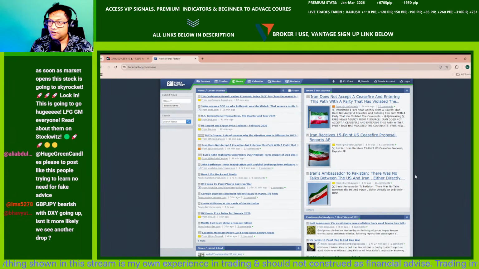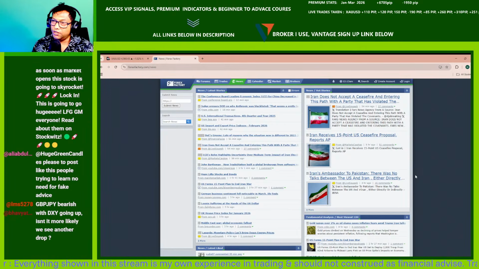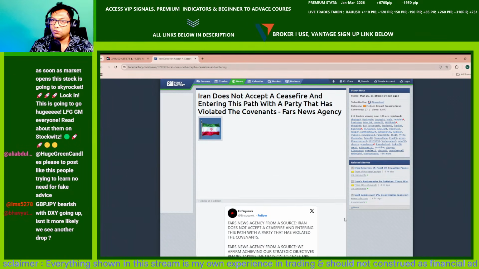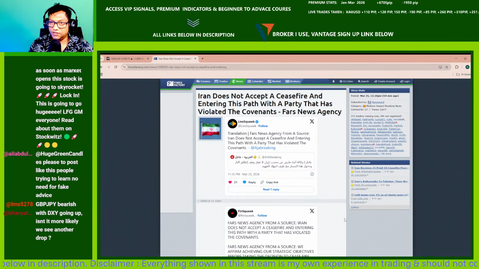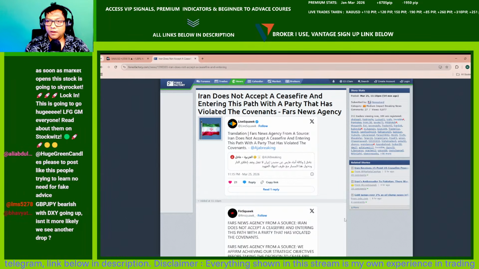You can see that we saw Iran receives 15-point US ceasefire proposal, but later another one came out, which says Iran does not accept a ceasefire and entering this path with a party that has violated the covenant. News agency.